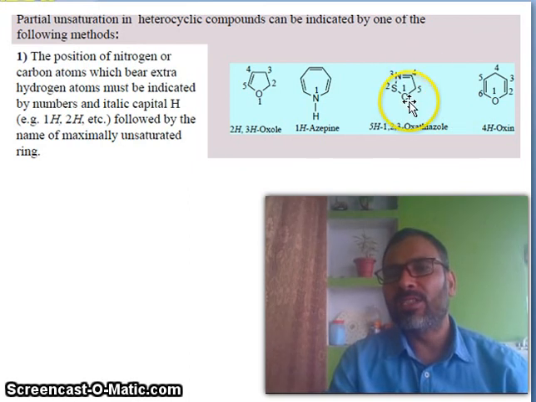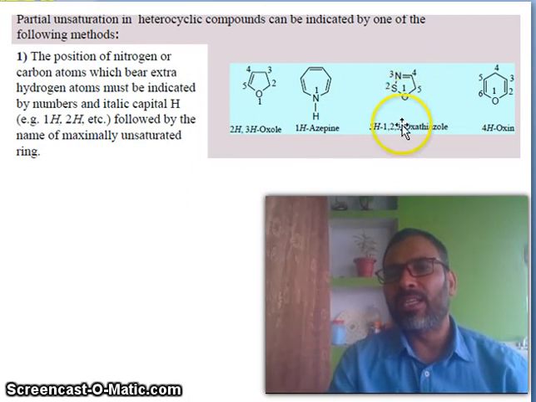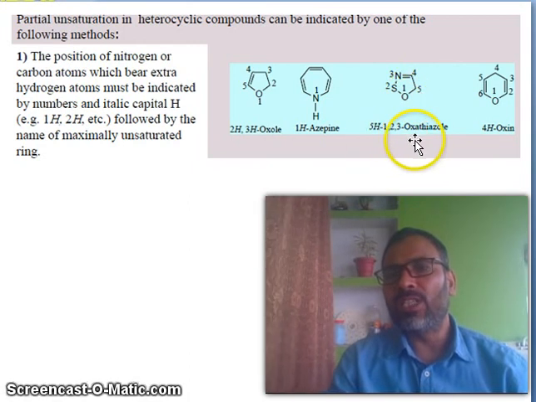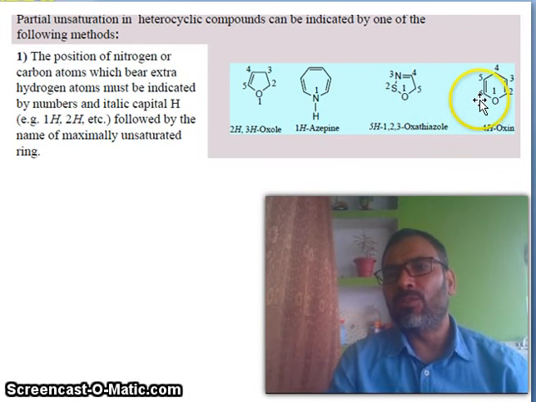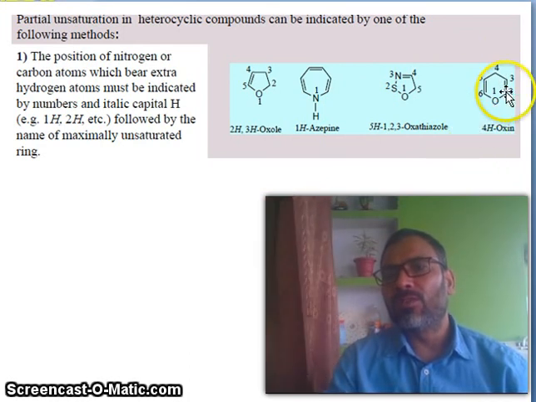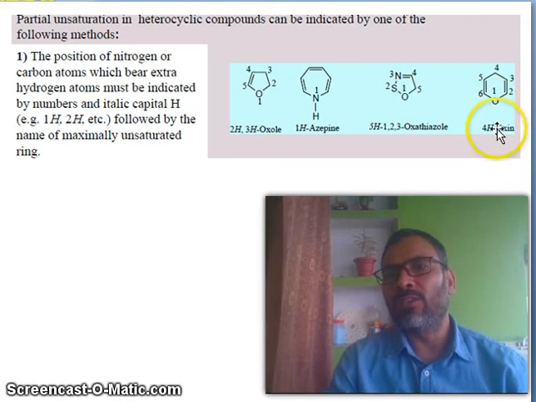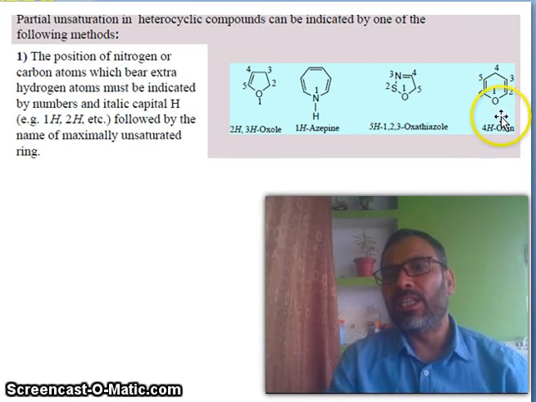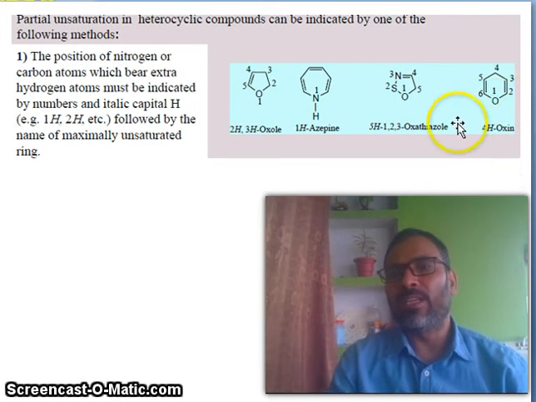OLE means 5-member ring. So 5H, 4 hydrogens, 1, 2, 3, oxathiazole. Now you see here 4 hydrogens. So ox for hydrogen and INE for 6-member.